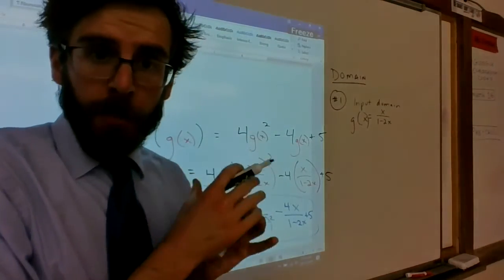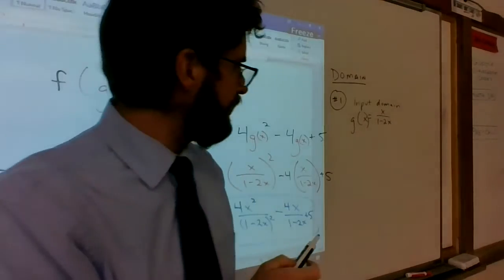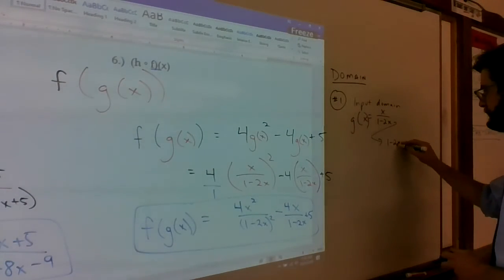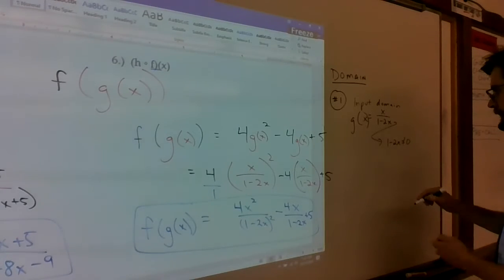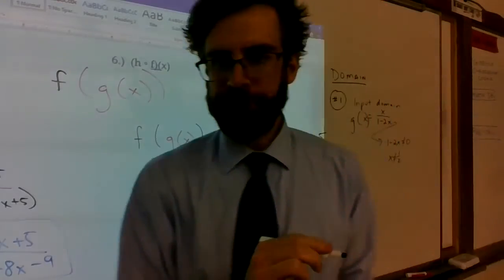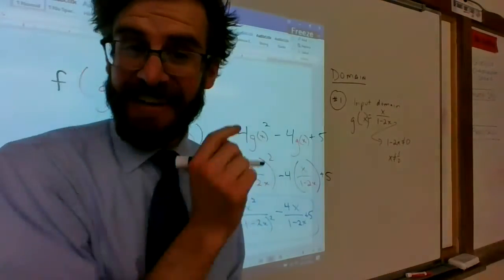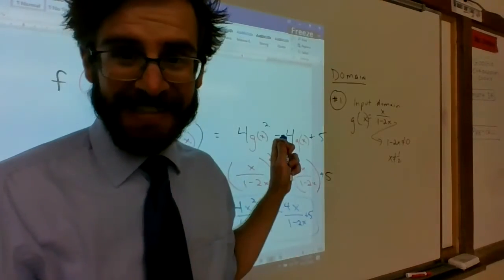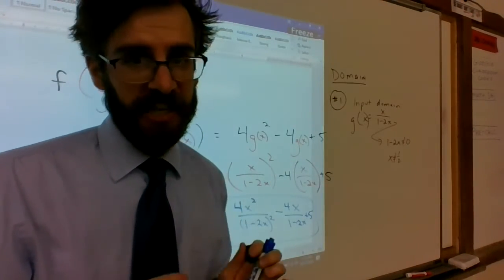So, what you plugged in instantly carried with it that 1 minus 2x could not equal 0. It ends up being x can't be 1/2. So you're keeping in mind this entire time that no matter what the domain of the new function is, x cannot be 1/2. Just can't do it.